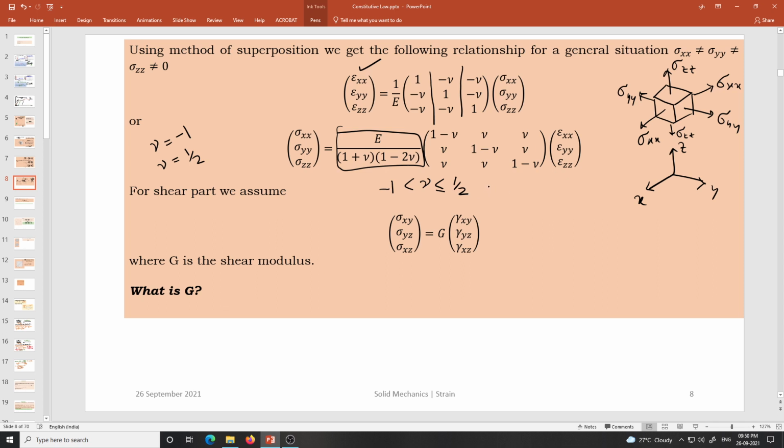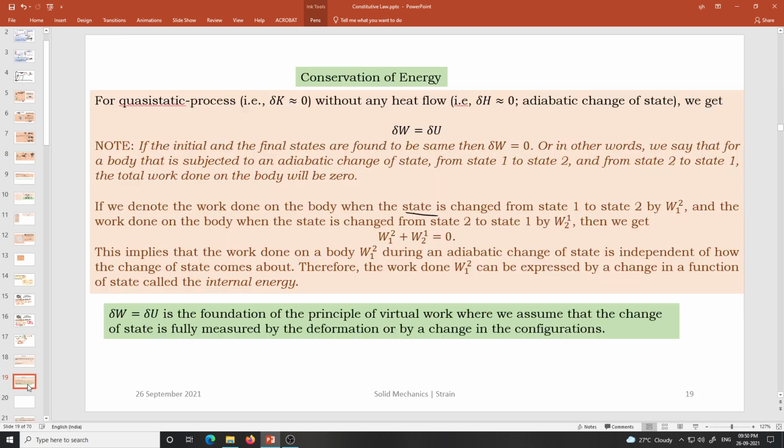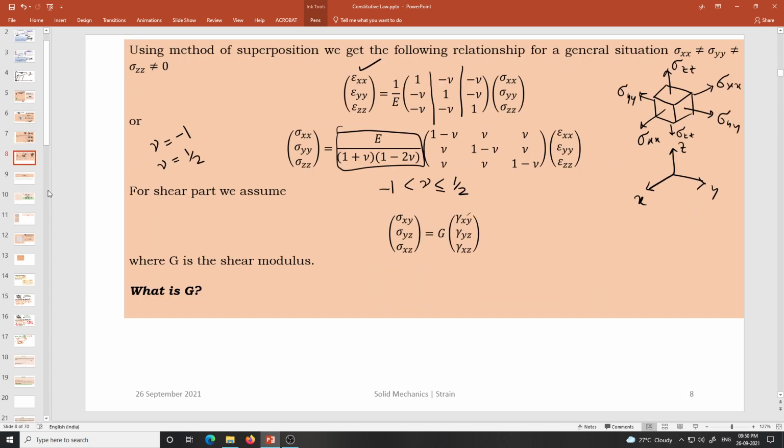I think we have discussed that, the volumetric deformation. Oh no, we did not do that. We are going to see this one today. So we shall see that the meaningful, realistic value is limited to this zone.